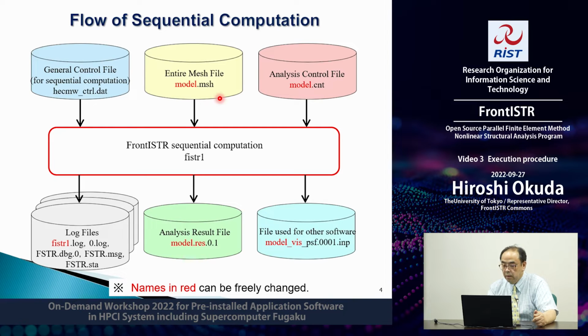The other two input files: the first one is a finite element mesh file, with the number of nodes and number of elements, the coordinates of each node, or the element node connectivity list, which can also be called the mesh subdivisions.